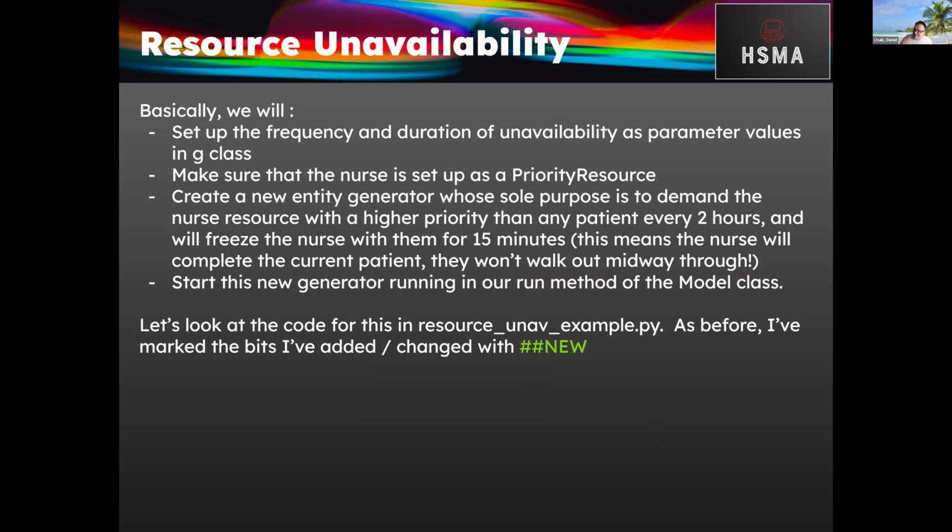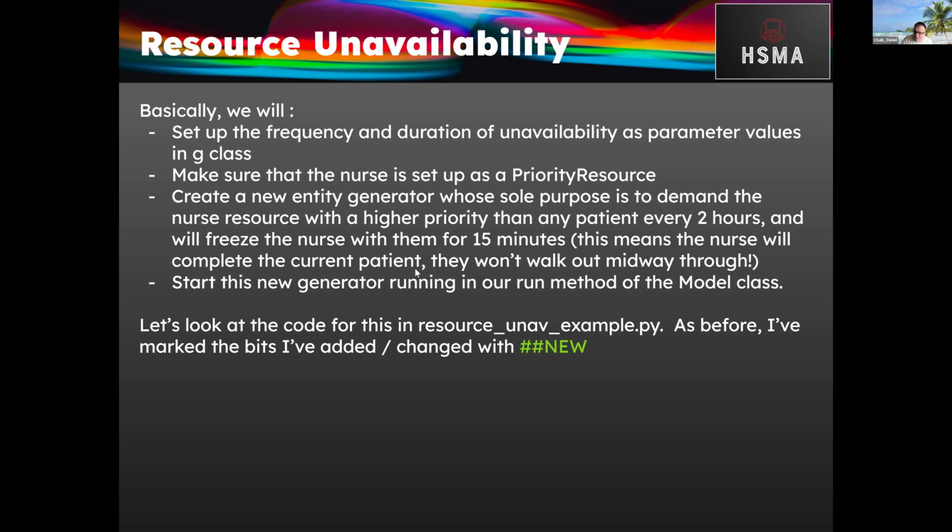Okay, so to do that in SimPy, we basically just set up the frequency and duration of unavailability as our parameter values in our G class. So how often will our resource need to be obstructed and for how long? And we make sure we set up our nurse as a priority resource, because that's the way we're going to get it to work.